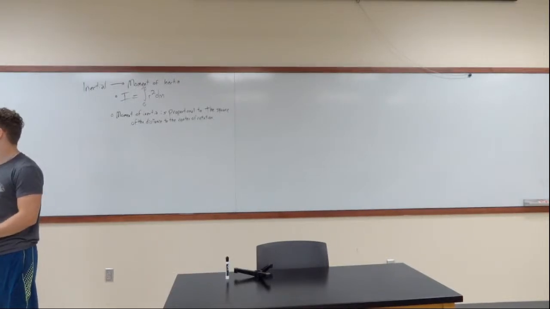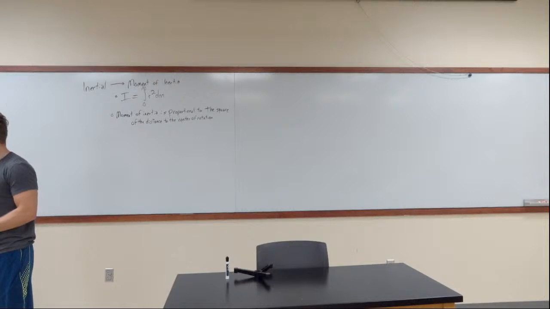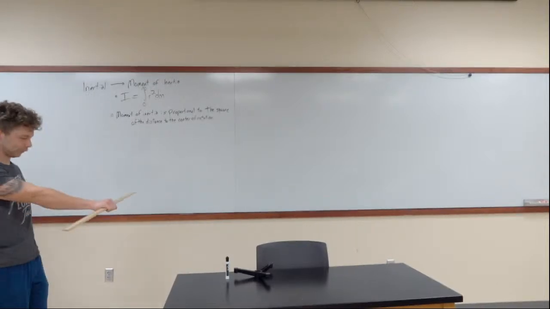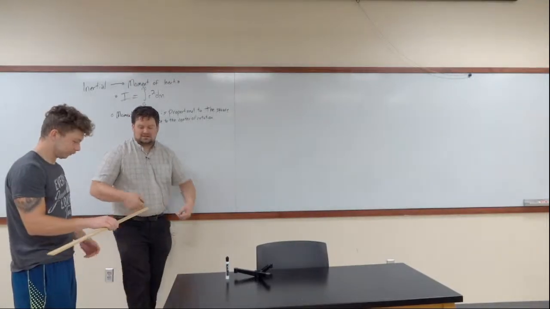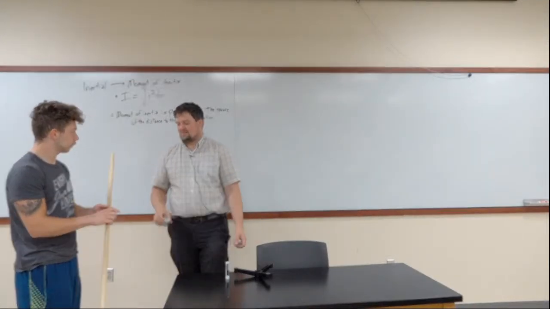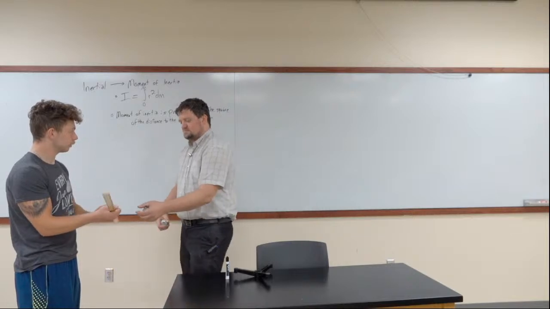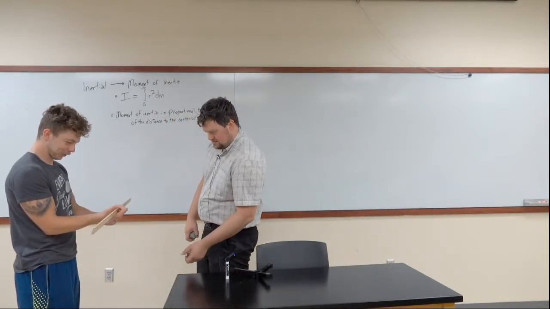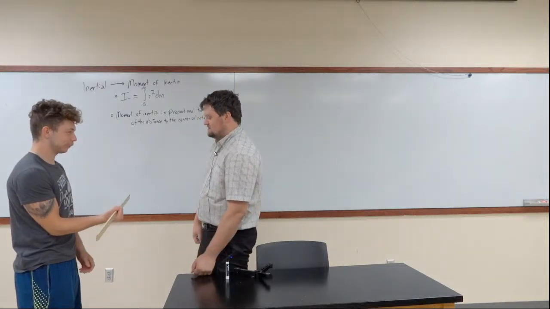All right, so now I have two 500-gram masses. I want you to grab that at the center of the stick. Now tilt it up so I can hang these from it. Like that. Got it. You're holding the 50, which is the center.